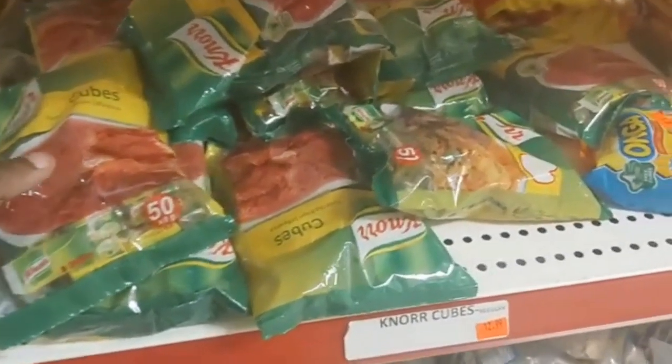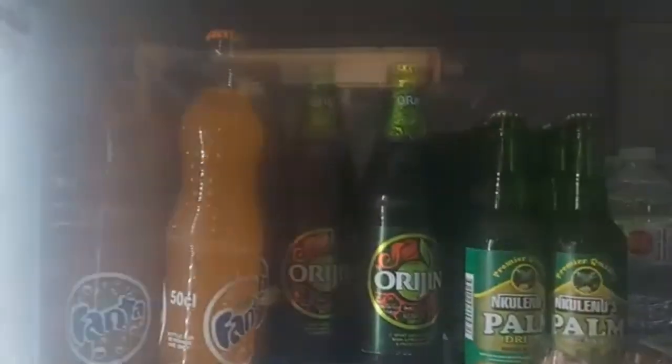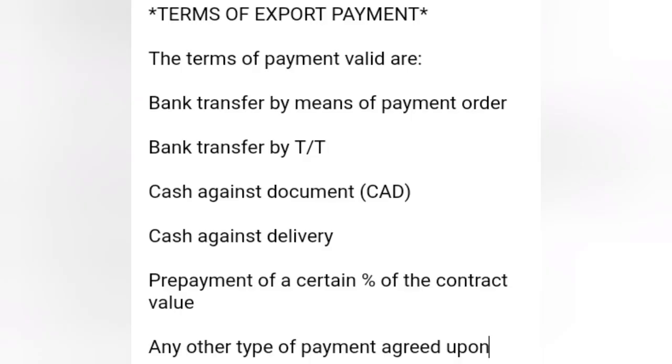Upon opening a domiciliary account, the exporter should request his commercial bank's offshore account details, which must be presented to the foreign buyer in the format displayed on the screen. Terms of payment valid are bank transfer by means of payment order, bank transfer by telegraphic transfer, cash against documents, cash against delivery, prepayment of a certain percentage of the contract value, and any other type of payment agreed upon.